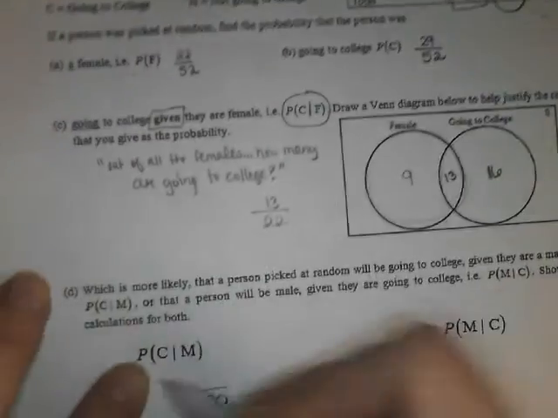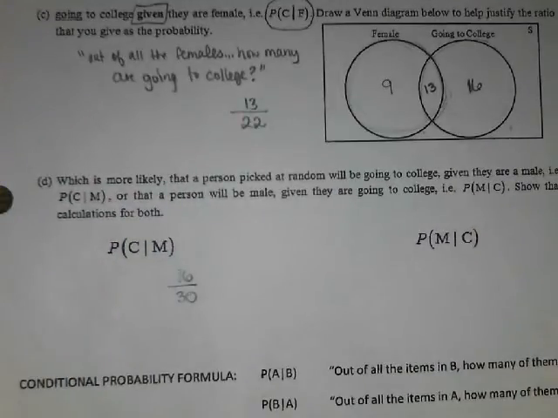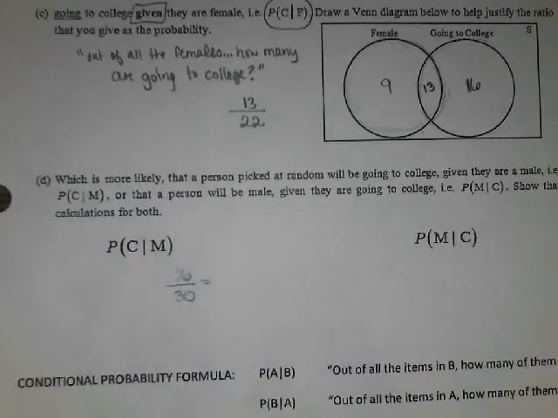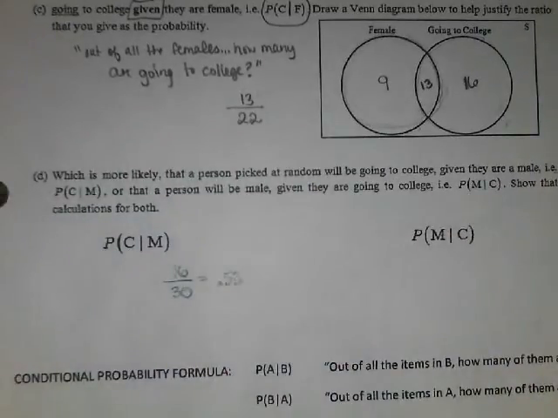So if you're a male, let's pretend this is your data in this classroom, your probability of going to college is 16 out of 30, which is just over 50%, but I'll get a decimal for that, 0.53. So if you're a male in this classroom, there's a 53% chance you're going to college, if this was your data, okay?